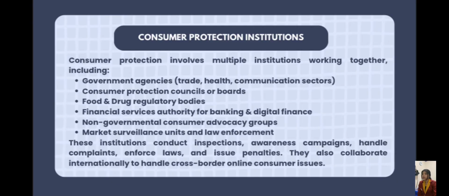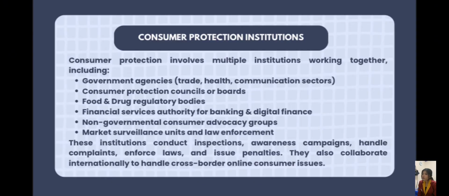Okay, guys, next we're going to talk about rights and obligations of businesses. Businesses play a crucial role in consumer protection. Their obligations include: number 1 is producing and selling safe, quality goods and services, and number 2 is providing accurate and transparent information.